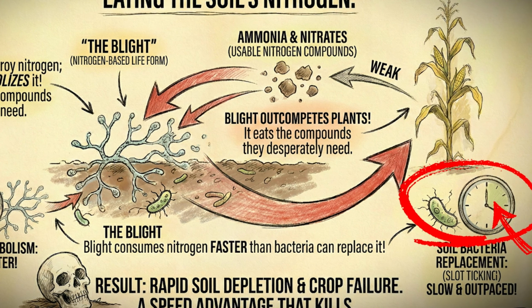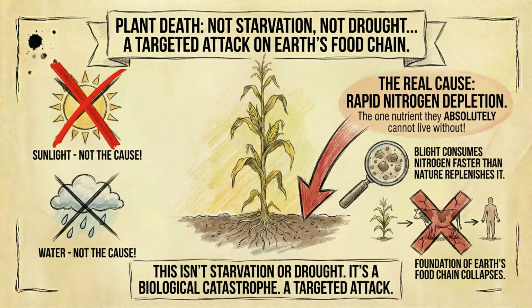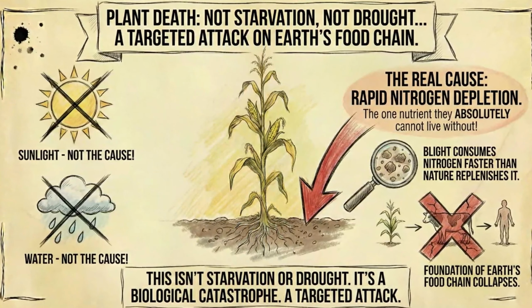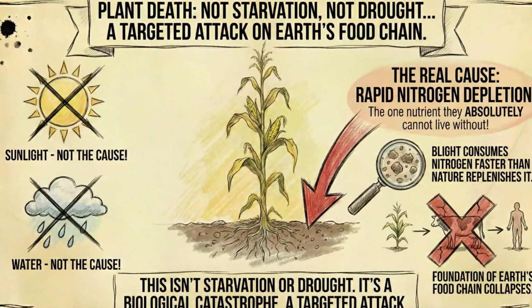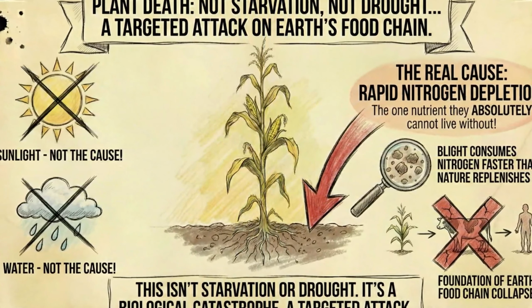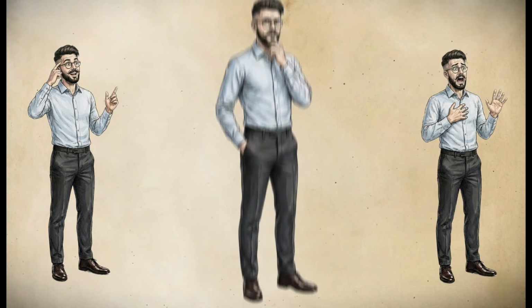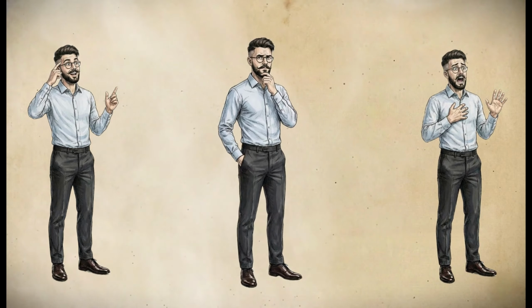So, plants die, not because they lack sunlight, not because they lack water, but because the one nutrient they absolutely cannot live without, nitrogen, is being consumed faster than nature can replenish it. This isn't starvation, this isn't drought, this is a targeted attack on the foundation of Earth's food chain. It's genius, it's terrifying, it's beautiful in its ruthlessness.